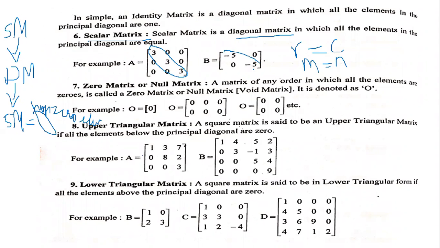But the principal diagonal elements will be the same number. Don't get confused between diagonal matrix, unit matrix, and scalar matrix. The principal diagonal elements will be the same number, or equal. Understood?